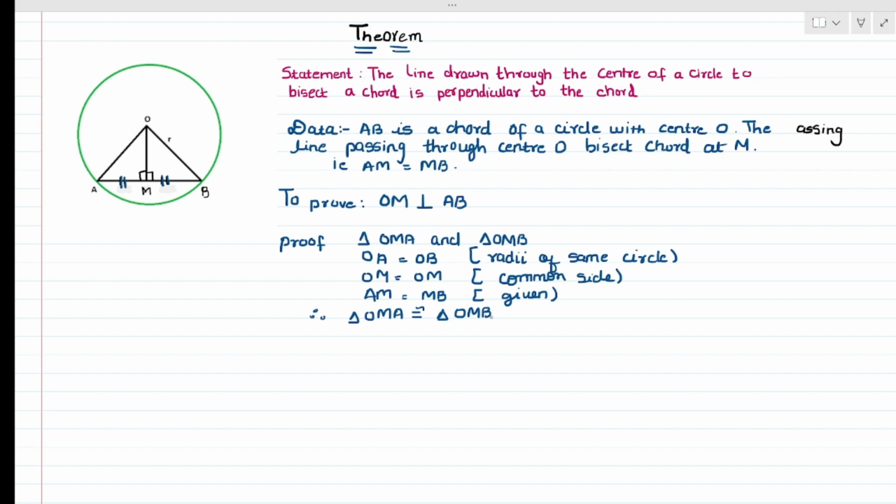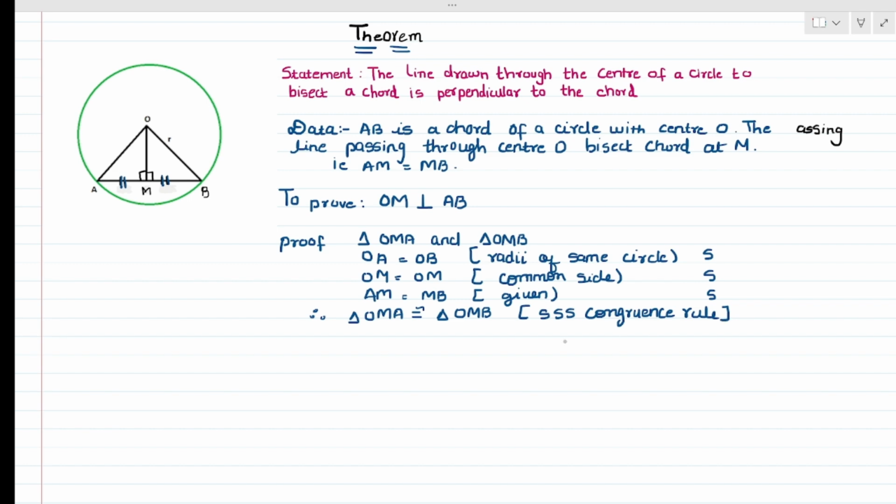Now, which rule have we used? We have used side, side, side, that means the SSS congruence rule.